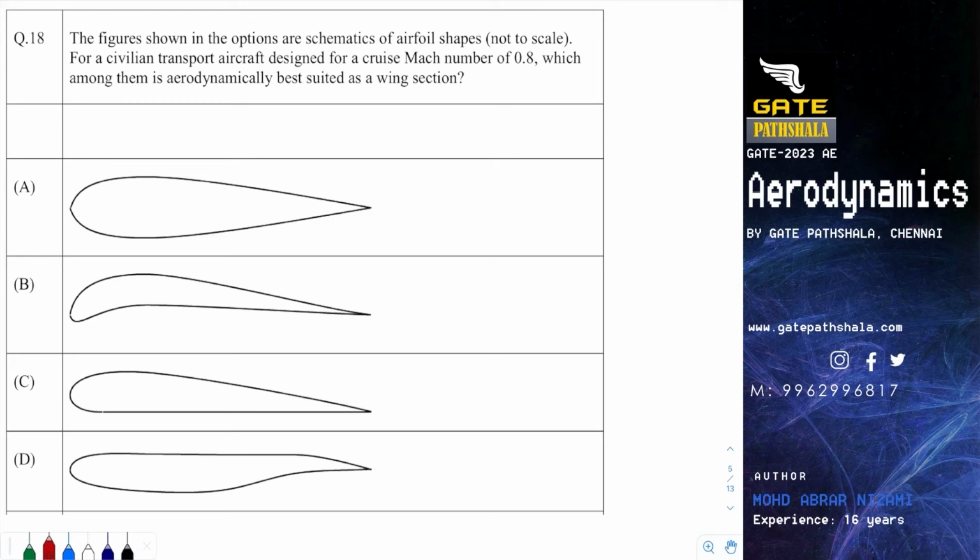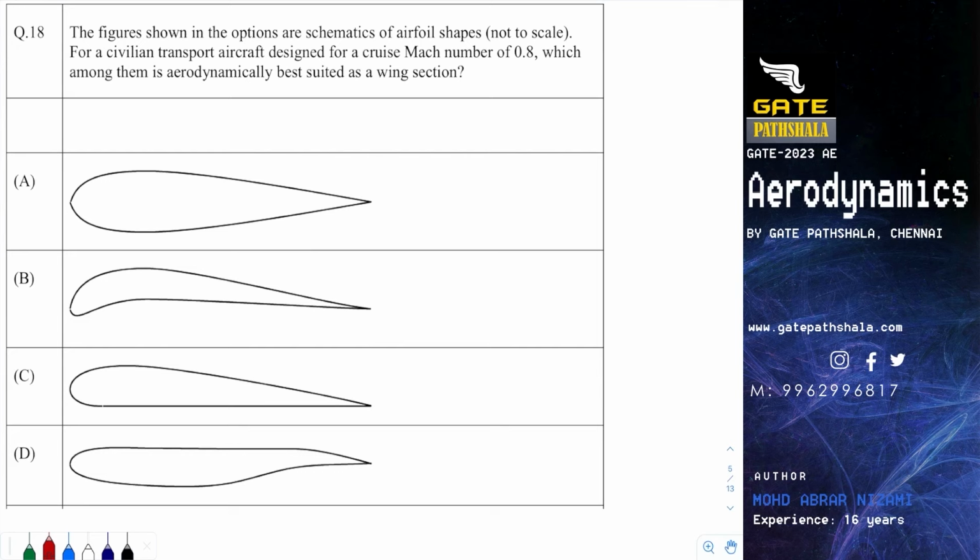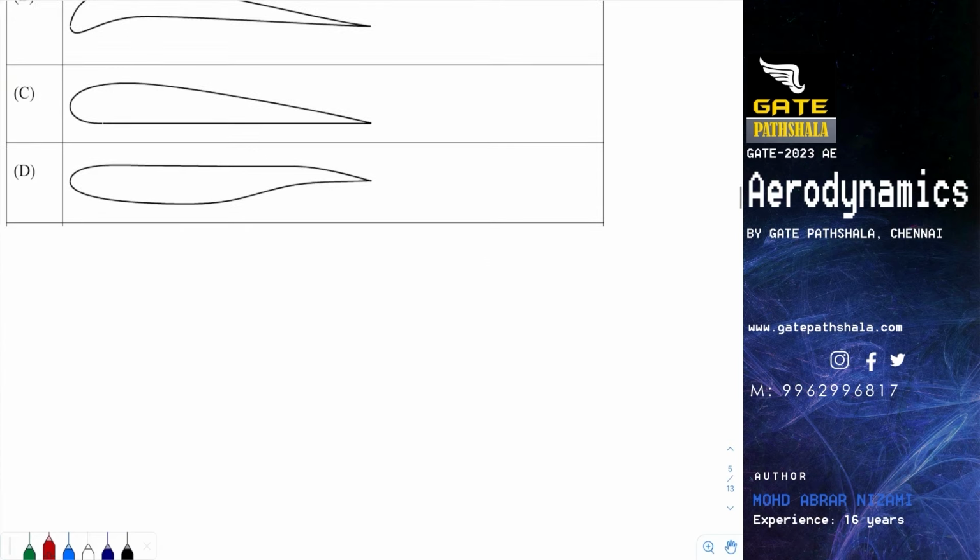It has a large nose radius and a large camber at the trailing edge. So it's a supercritical aerofoil which depicts beautifully the large cruise Mach numbers and the large value of critical and drag divergence Mach number.